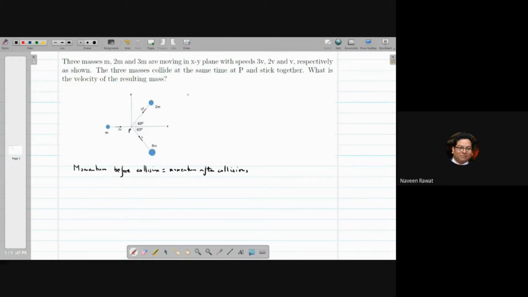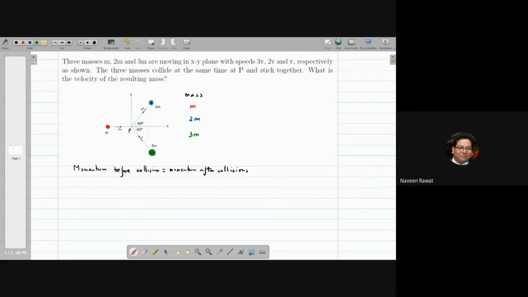All right, so what will be helpful is if you can draw a table and note the masses. And I'm going to label each mass with a color so that it's easier for us to see. So I'm going to have mass m in red, and this mass 2m in blue. Okay, so that will be the second mass, and I'll have this in green, so that is your mass 3m.